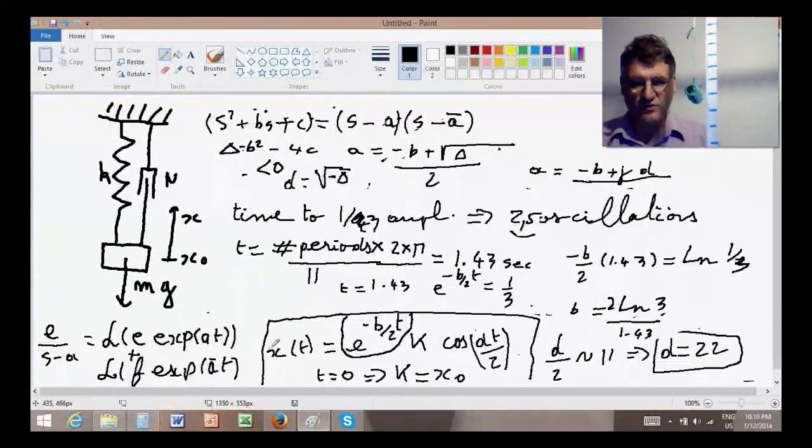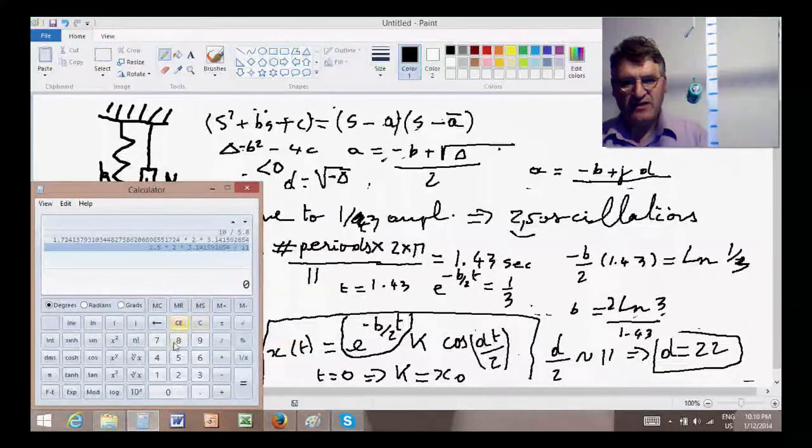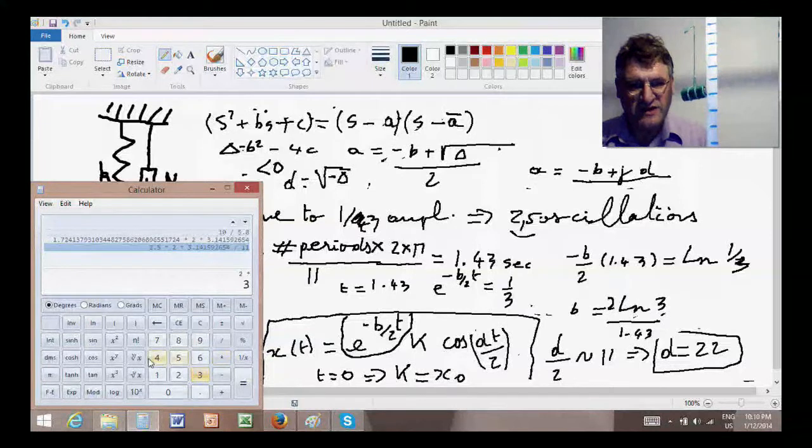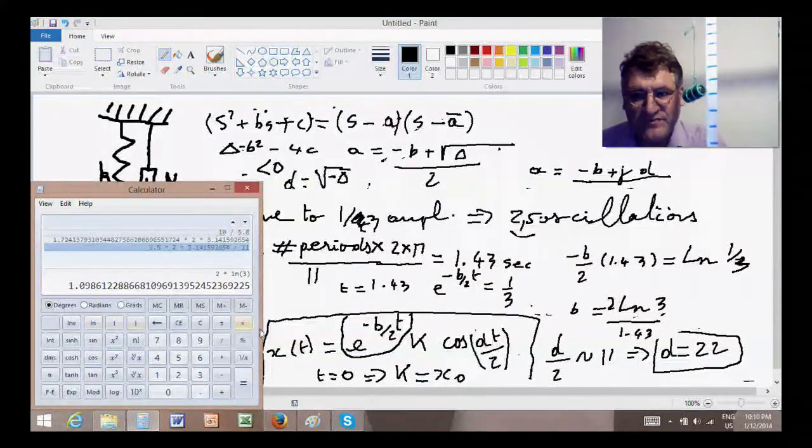Now, going back to our calculator, we clear this. It's a 2 multiplied by 3, and we take the natural log. Here we go.